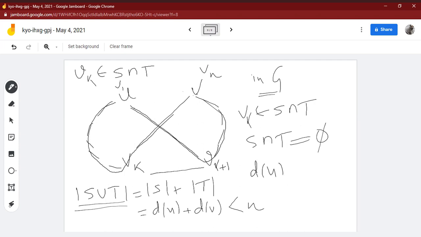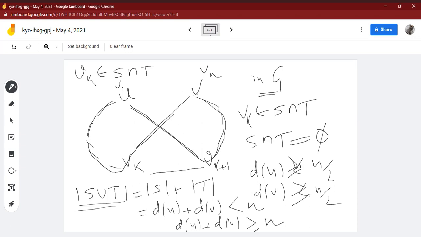But what we have is that the degree of u is greater than or equal to n by 2, and the degree of v is also greater than or equal to n by 2. Therefore the degree of u plus the degree of v is always greater than or equal to n. This is given.